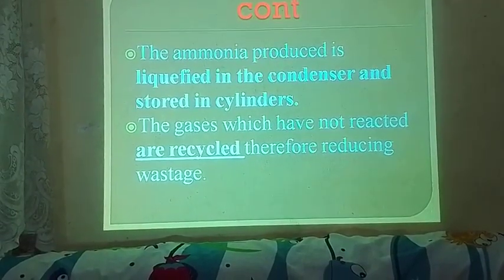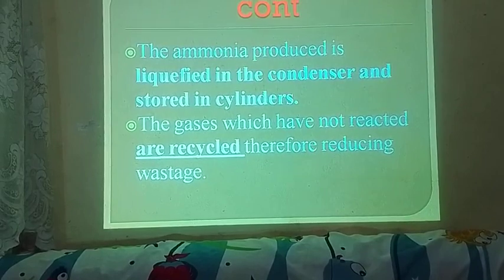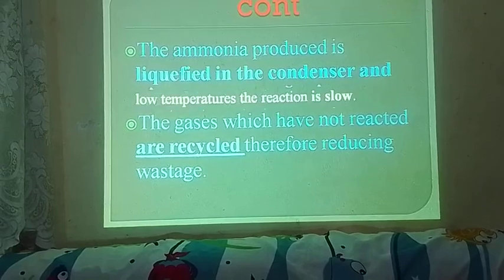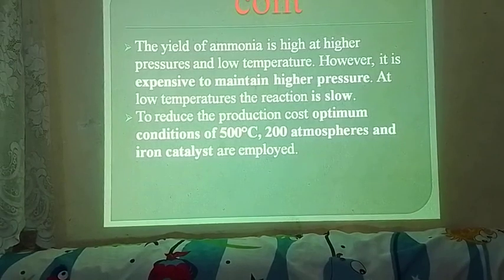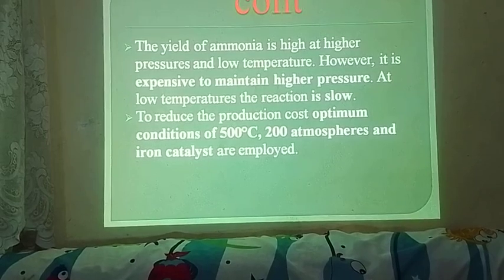Then the ammonia produced is of course liquefied in the condenser and stored in cylinders. The gases which have not reacted are recycled, and therefore it reduces the wastage of such gases. The yield of ammonia is high at a higher pressure and low temperatures.